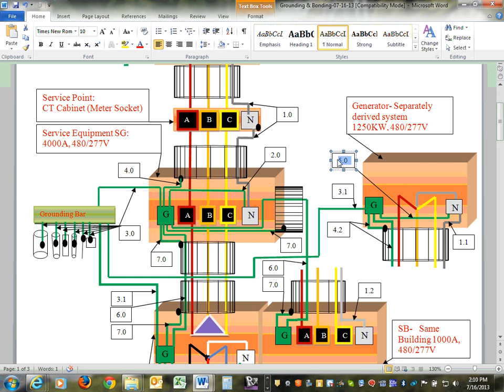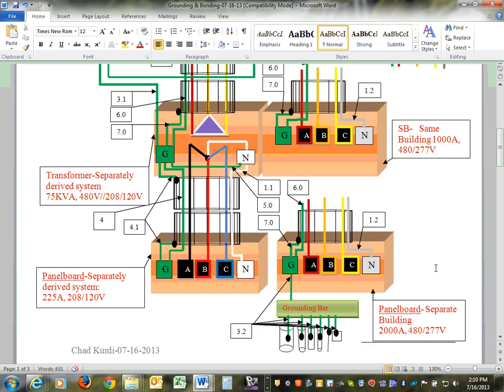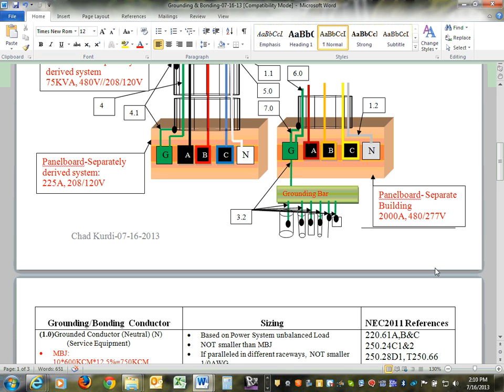If it's a non-separately derived system, that number 5 wire no longer exists. Everything else continues to be the same. Any comments, guys? Any questions? Corrections?